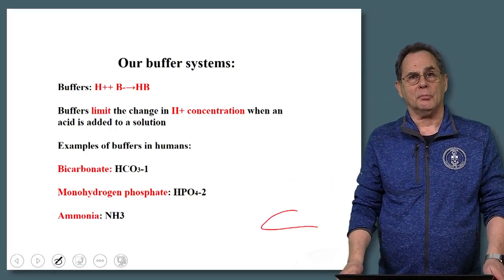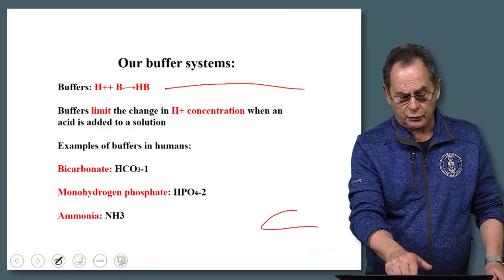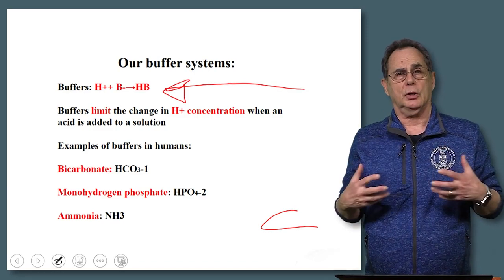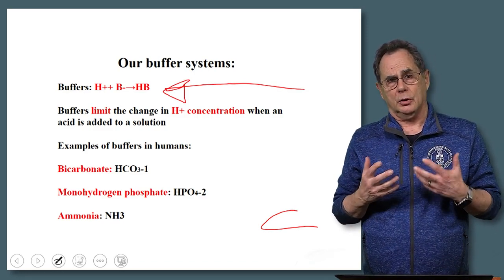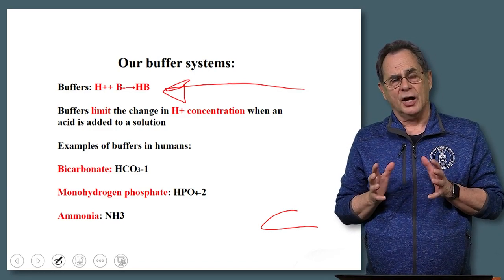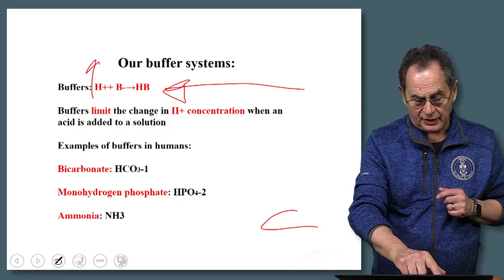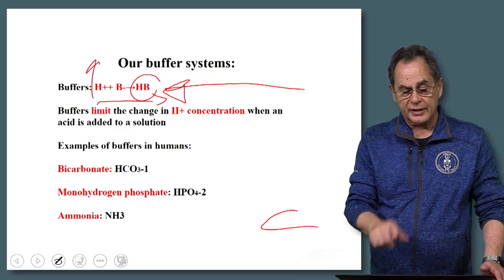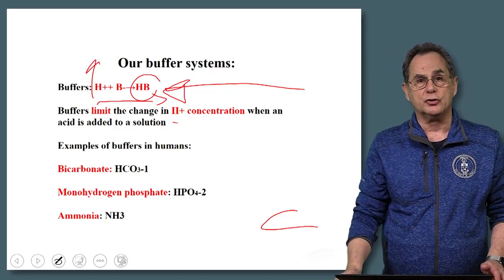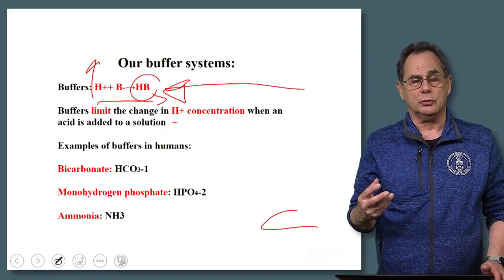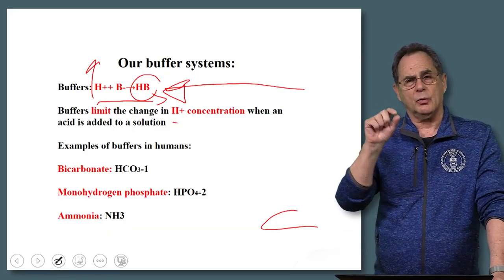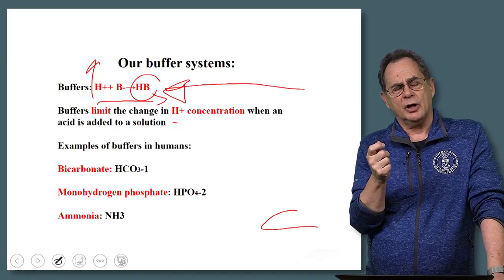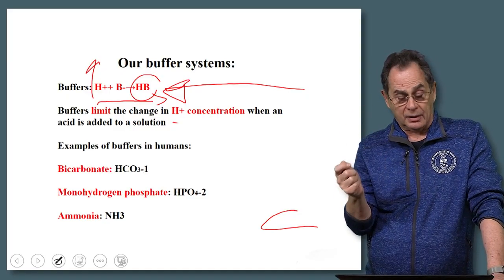So let's talk about our buffer systems. And what do we mean by a buffer system? Well, a hydrogen ion plus a buffer, of course, in equilibrium prevents the hydrogen ion concentration from rising because this equilibrium shifts this way, which is uncharged. So buffers limit the change in hydrogen ion concentration when they're added to a solution. We've all been in high school chemistry where we've titrated acid-base, measured the pH, and titrated hydrogen ion concentration as we add a buffer.